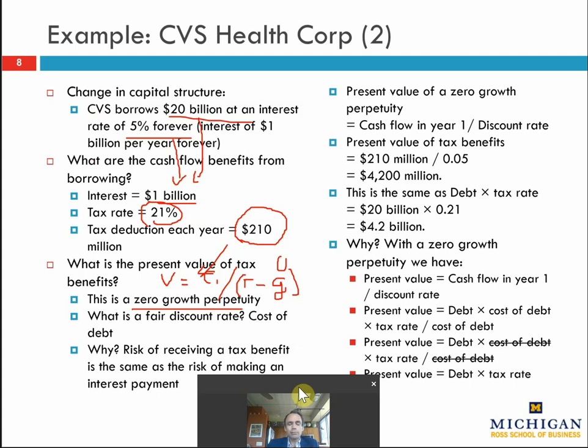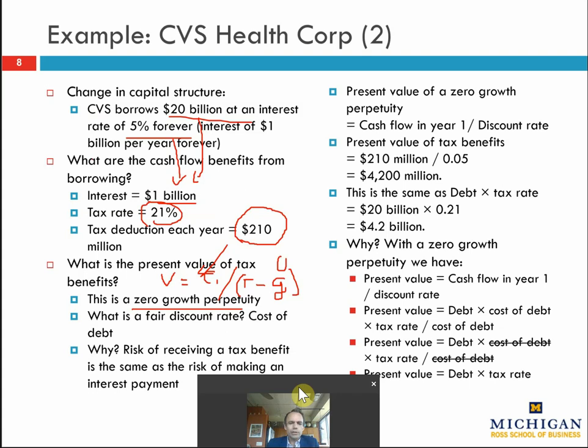Now, I might be able to use some tax losses carried forward, but in our simple framework, we either make the interest payment and we get a tax deduction, or we don't make an interest payment and we don't get a tax deduction. So in terms of the cash flows from the borrowing project that we're talking about, the risk of those cash flows seems to be the same as the risk associated with the cash flows to the lenders.